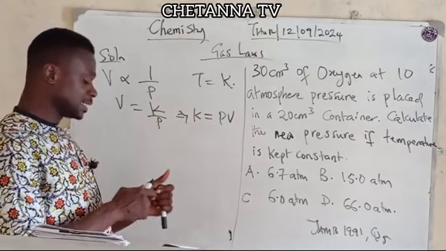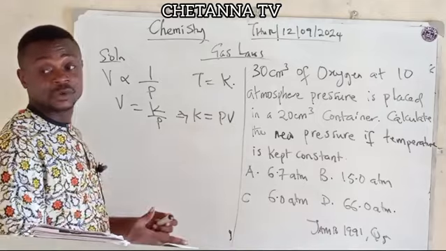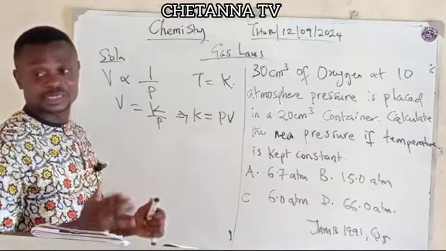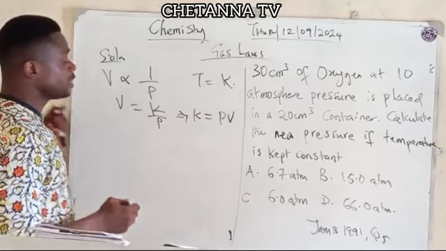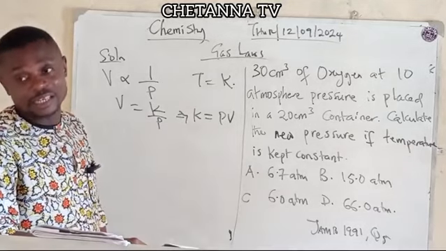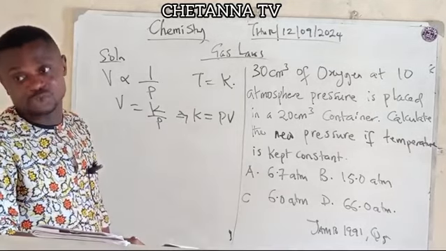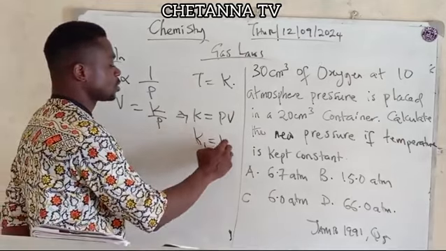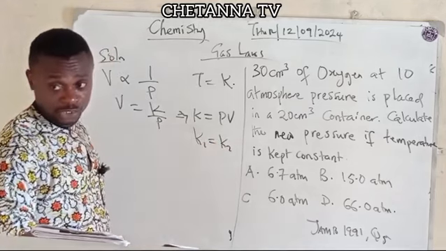Constant means it is the same thing from one state to another, from initial to final, it doesn't change. Even if you have K1, K2, K3, they are equal. So K1 is equal to K2. Do you understand this?